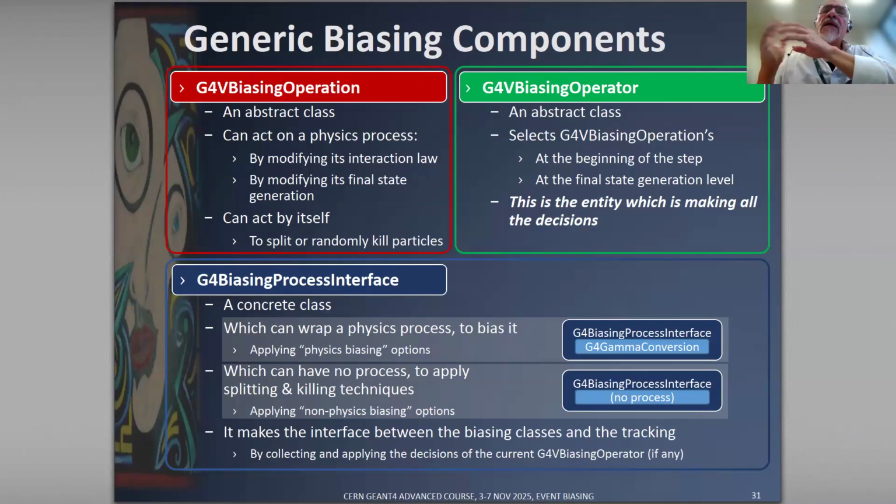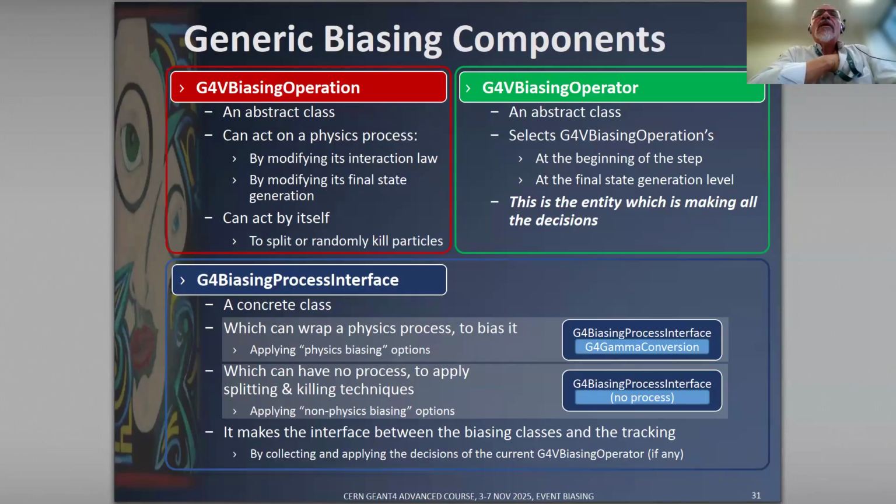In this case, it encapsulates the process and controls it. This is when you want to change the interaction law of this process or modify its final state interaction. Or if this biasing process interface is not given any process, then it will simply handle splitting and killing, which are, I would say, process independent.